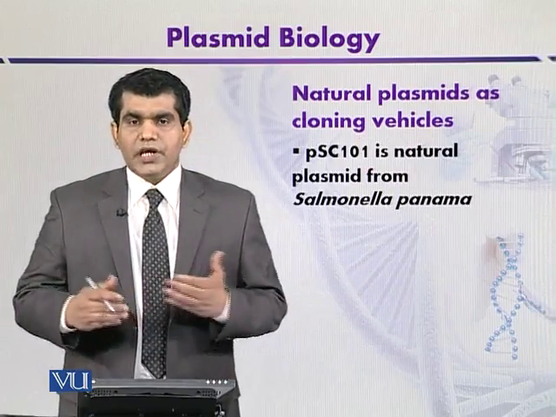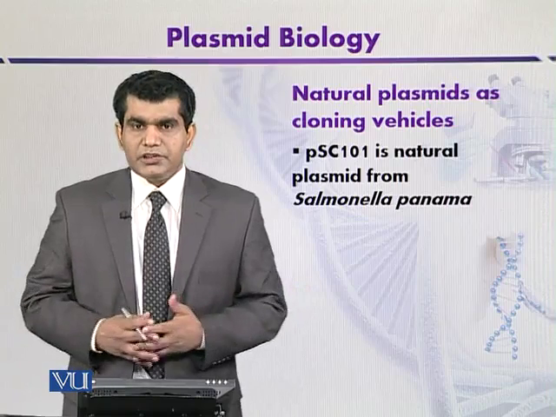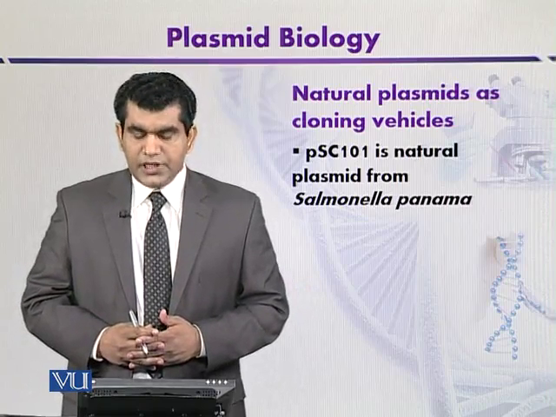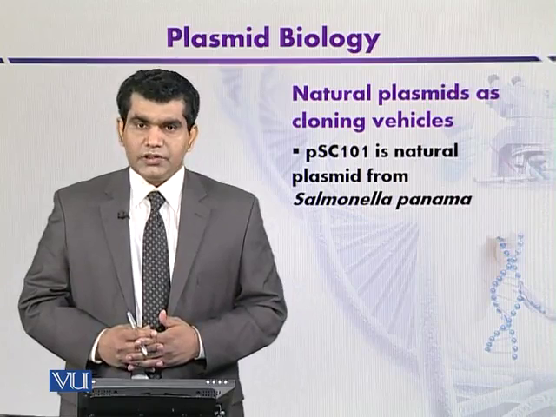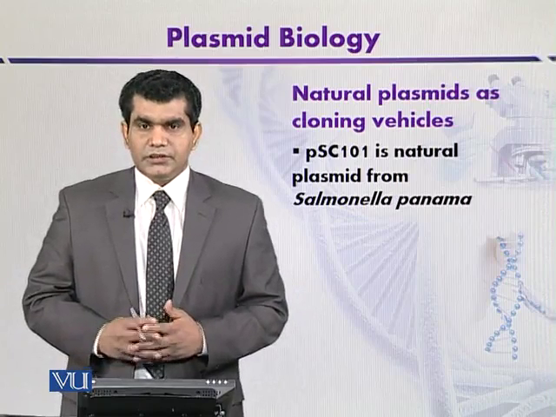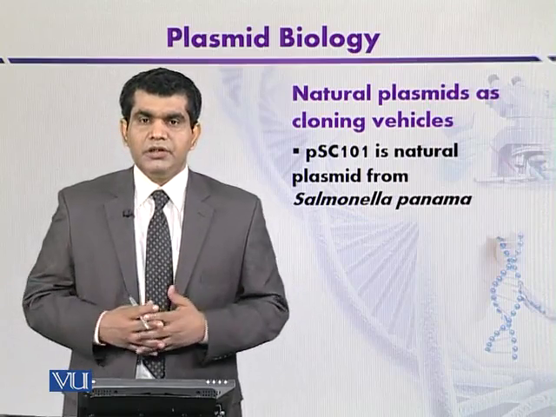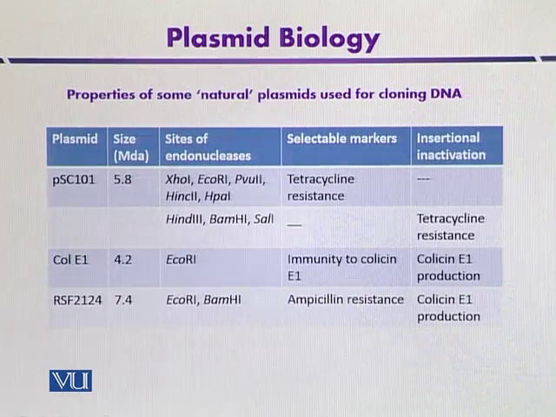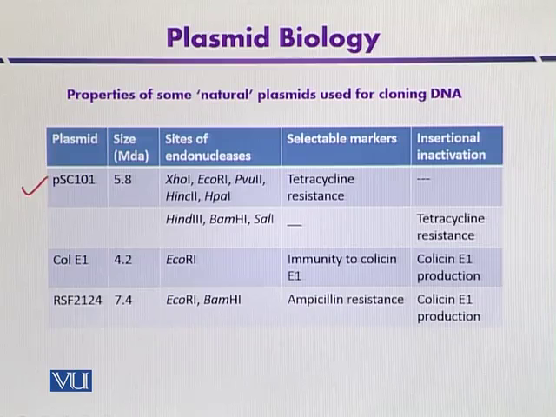इसके अलावा एक और natural plasmid है that is very famous. It is pSC101, that is mainly harbored by Salmonella strains. This table indicates the properties of some natural plasmids used for cloning DNA. First one is pSC101 and it contains single sites for different types of restriction endonucleases.